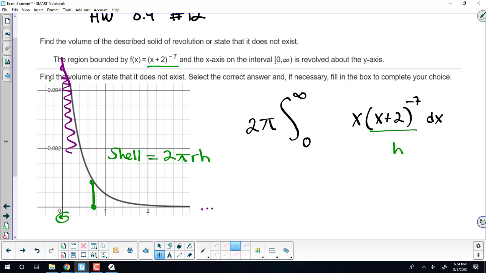The radius is the distance from your slice to the axis of revolution. That's our radius, right minus left, and that's some x value, x minus 0. Everybody okay with that?